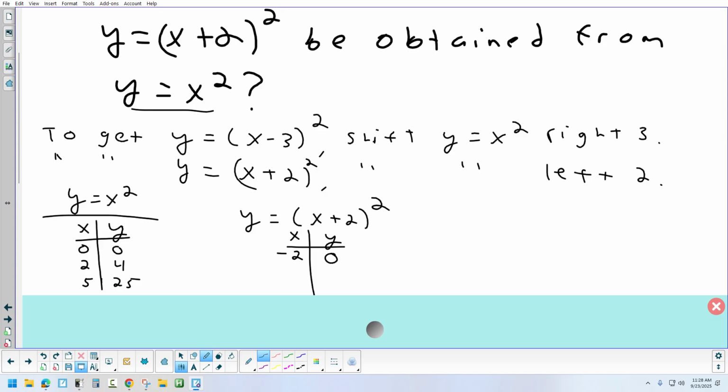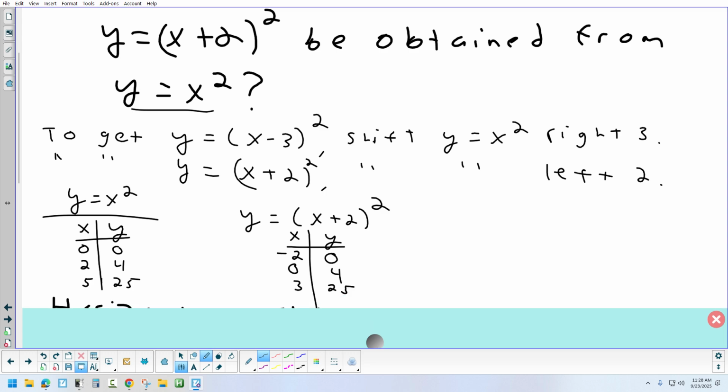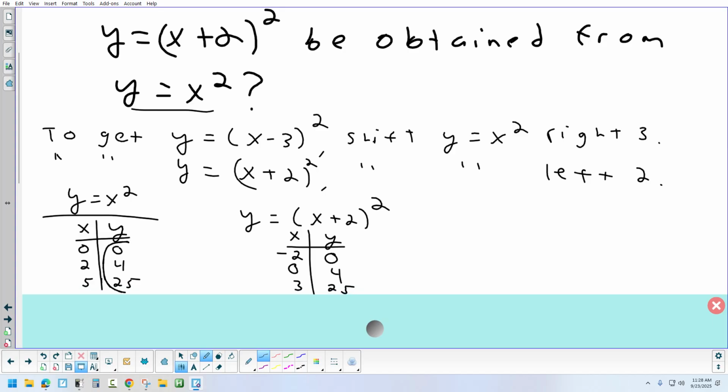How about if I plug in 0 for x? I get 4. And what if I plug in 3 for x? I get 25. Okay. Notice these y values are exactly the same. I did that on purpose. Compare how the x value changed to give you the same y value. What happened between this x value and that x value?